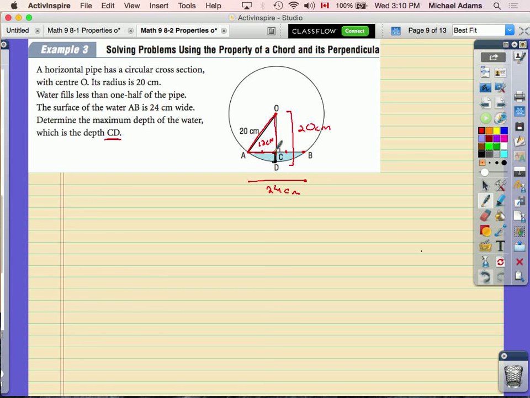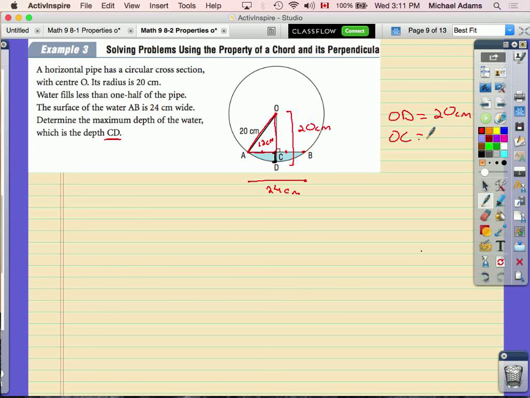We know that line OD is equal to 20 centimeters. Oh sorry, I made a mistake. My mistake. No, I'm right, sorry, OD is 20 centimeters. We don't know what O to C is.